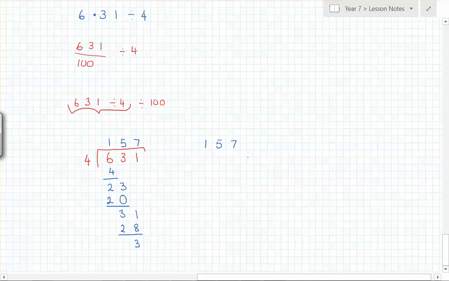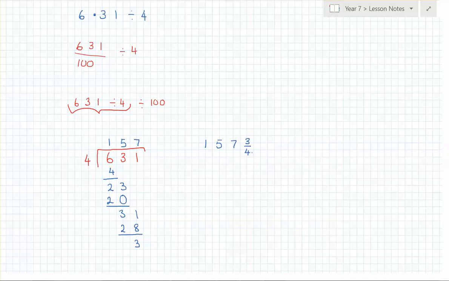However, I would say it's still 3 needs to be divided by 4, yeah? So what if I write 3 quarters? So it's 157 and 3 quarters. That only helps us if we know how to turn 3 quarters into a decimal.